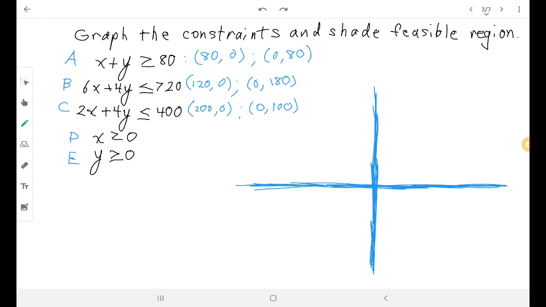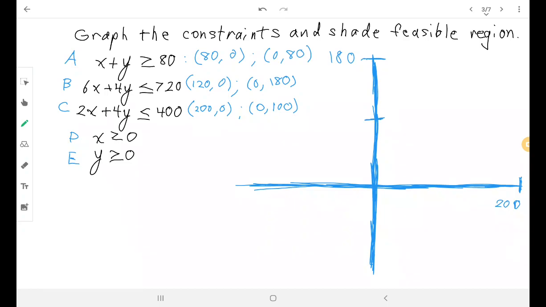We need, let's put some markers up. A max y value of 180. A max x value of 200. And I know that's not quite to scale, but I'm squeezing it in here, so bear with me.